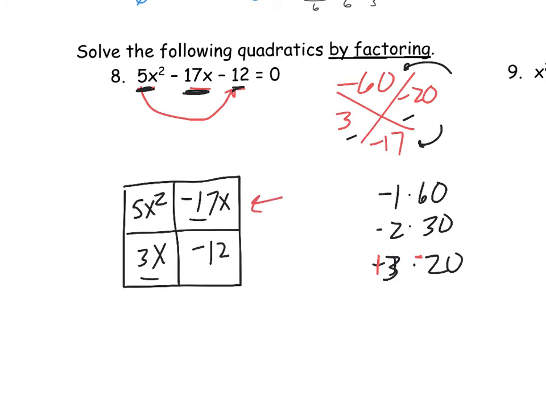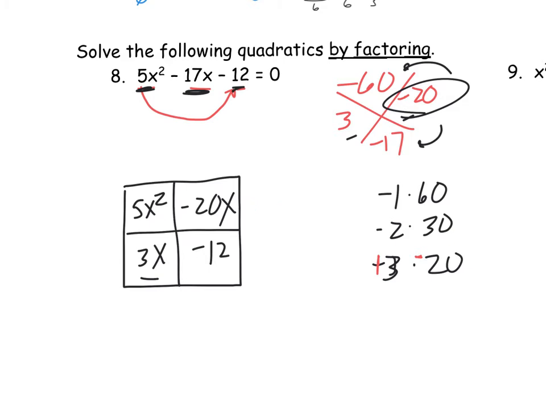Okay, top two, 5 and negative 17, I'd say that's just x. Oh, I screwed up. Let's back up here a little bit. I put 17 there, and that should be negative 20x. Okay, so let's back up. Let's do this over again.